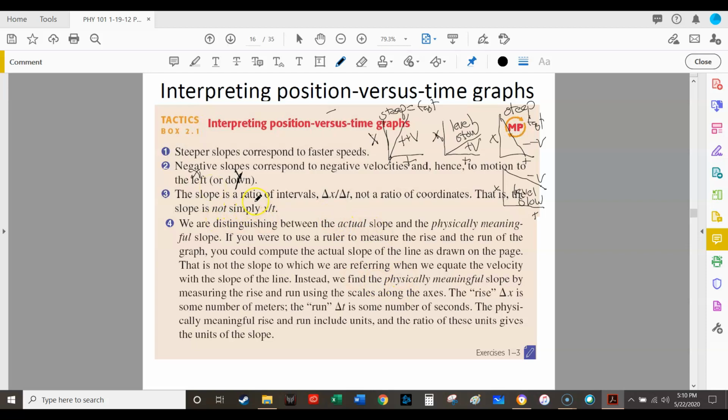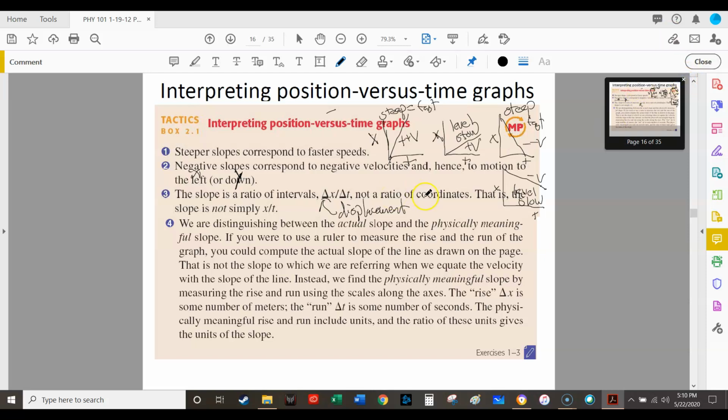And just know that the slope is a ratio of displacement over time. So slope is displacement over time. And it's not just x over t, it's your displacement. It's your final position minus your beginning position, over time.